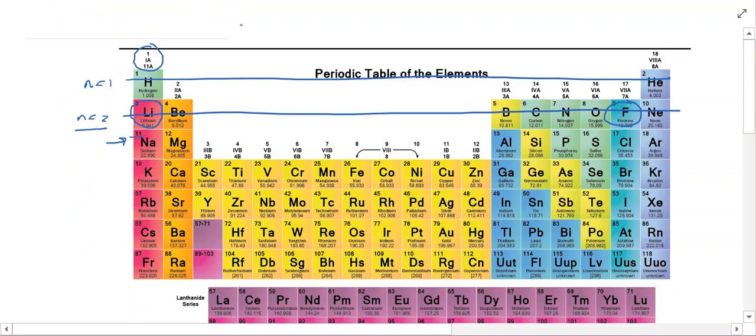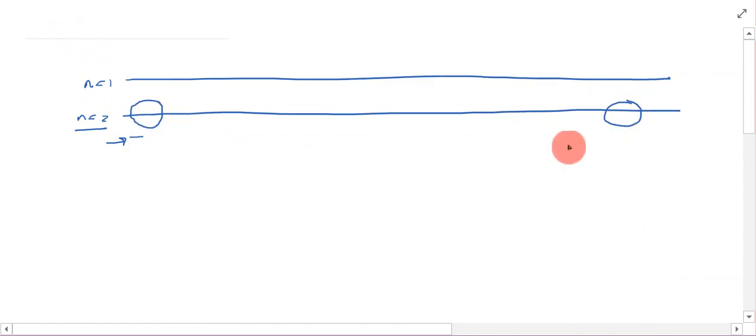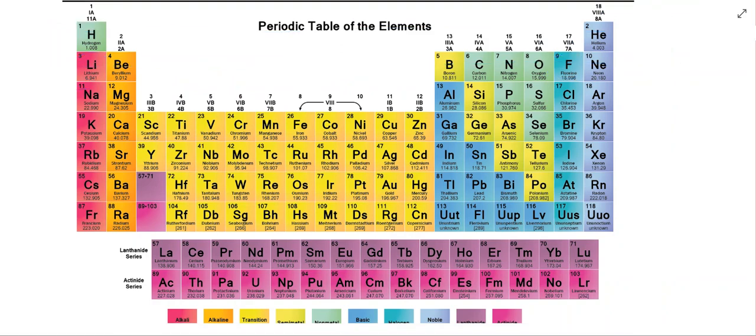If we look on the periodic table, hydrogen is the first element, and it's a very simple element. It's made up of one proton and one electron.